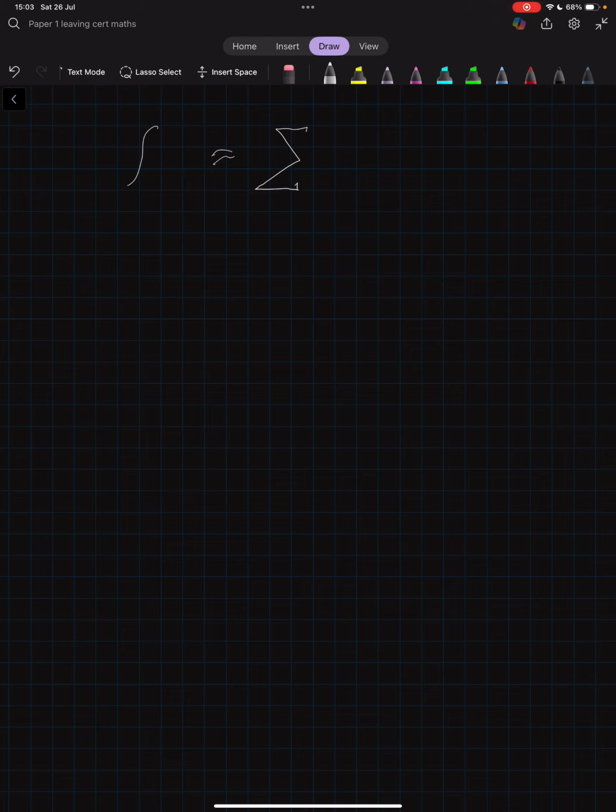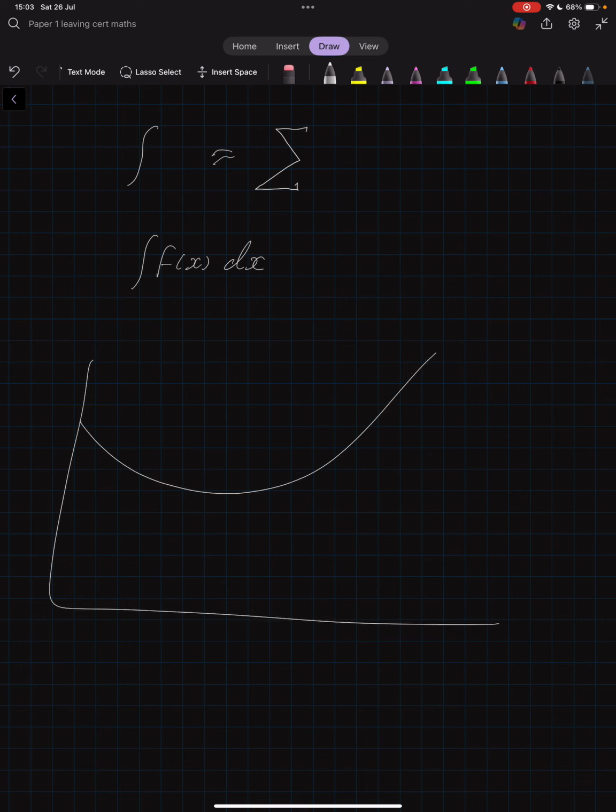So if I integrate f of x dx, so what you're doing is, let's say f of x is this thing. What you're doing is that you're getting f of x, which is this thing, and you're multiplying it by a dx, which is here. And then you're doing f again up here, and another dx.